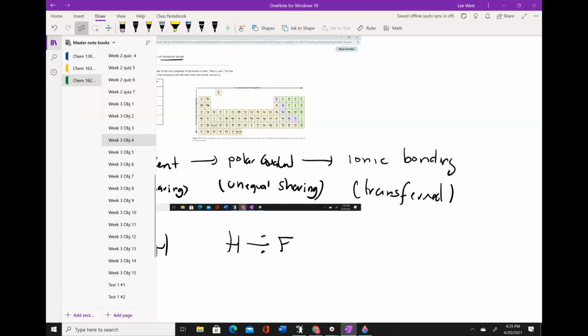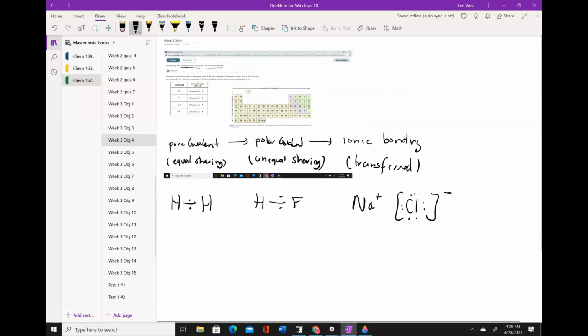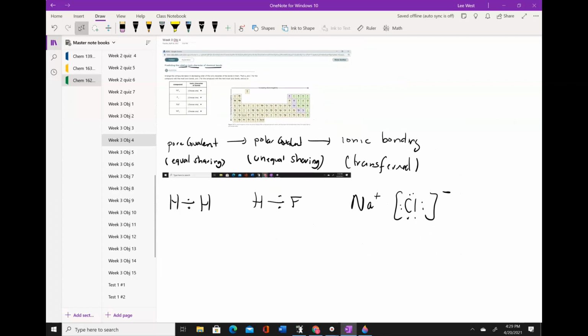And then ionic bonding is where we have complete transfer of electrons from one atom to another, normally from a metal to a non-metal, and then the bond forms as a result of the attraction between the formed ions.